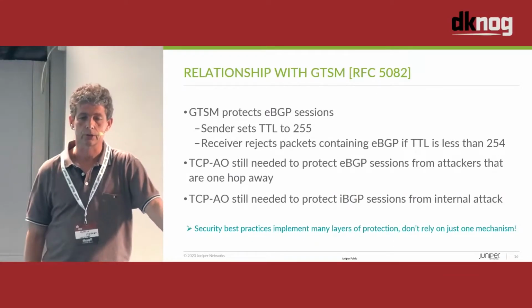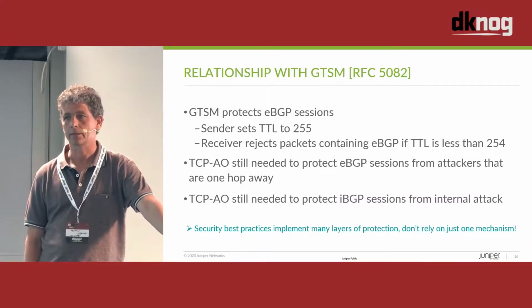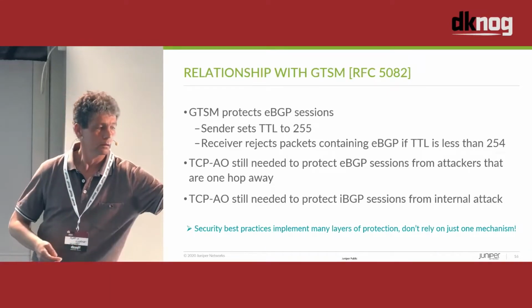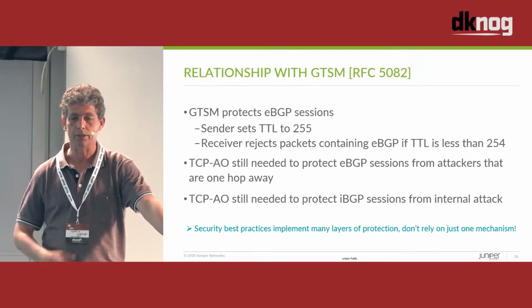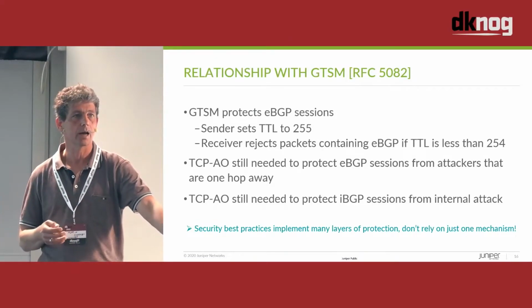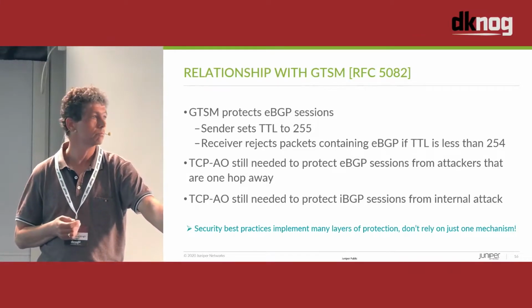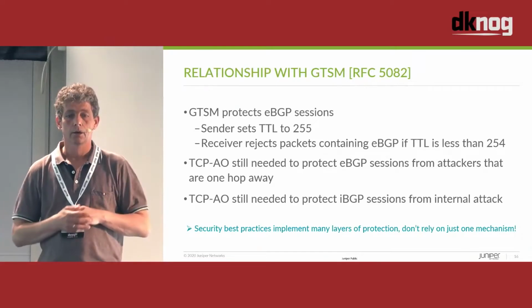Now, why don't we just use DTSM instead? I kind of started out by saying most of this in the beginning, so I will do this very quickly. I don't think there's anything I haven't said about why it's not just enough. We have to use security in layers. We can't just assume that because I have implemented, let's say, ACLs around my network, it's safe.